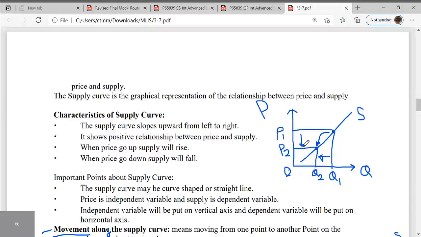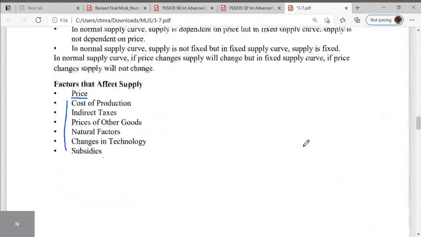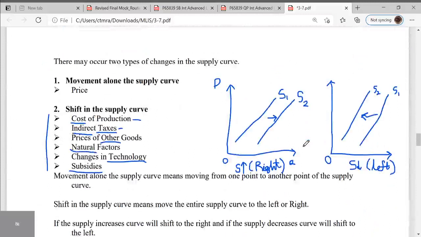It's not always about profit, but definitely some people will be supplying more for the rise in price or rise in profit maybe. But mostly there will be a rightward shift, because at the same price, people will be able to supply more oxygen cylinders to beat this pandemic situation.